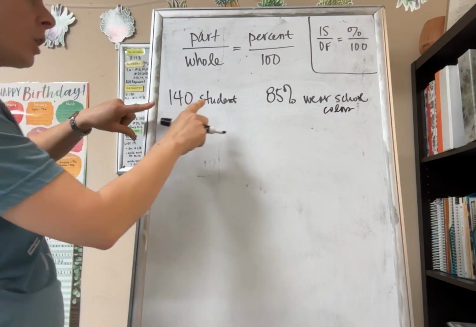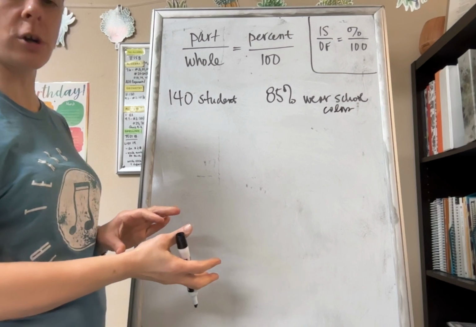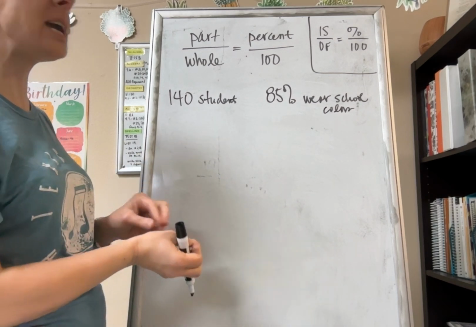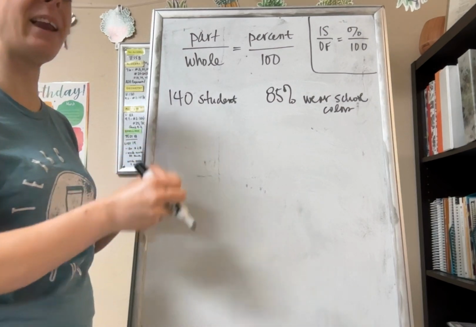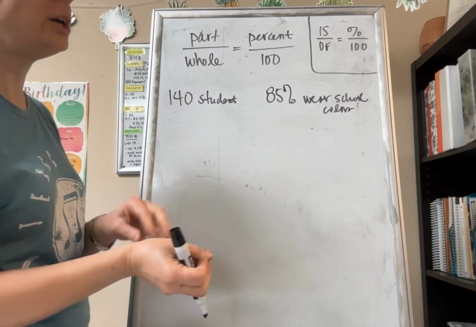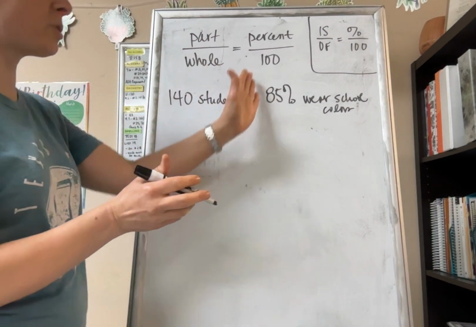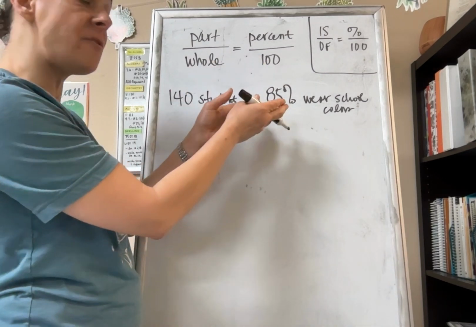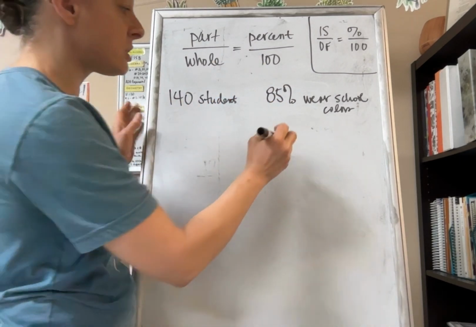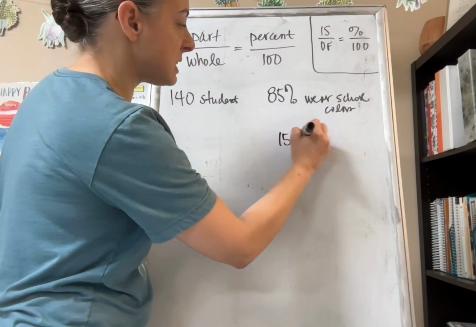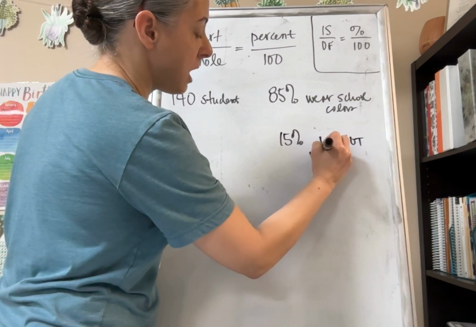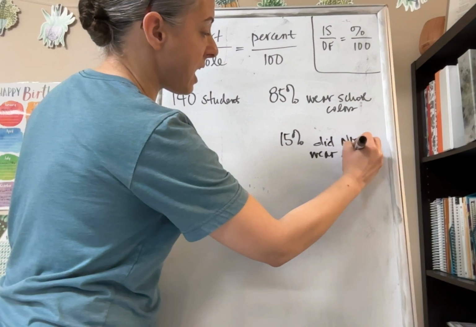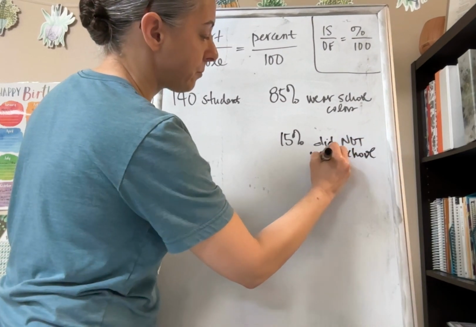I can work with these 2 numbers and get an answer and say this many kids wore school colors, so I'll subtract it from the total to find out how many didn't wear school colors. Or I can also work with the percent and say if 85% wore school colors, that means 15% did not wear school colors. And that's what it's asking me to find. So that's the complement.